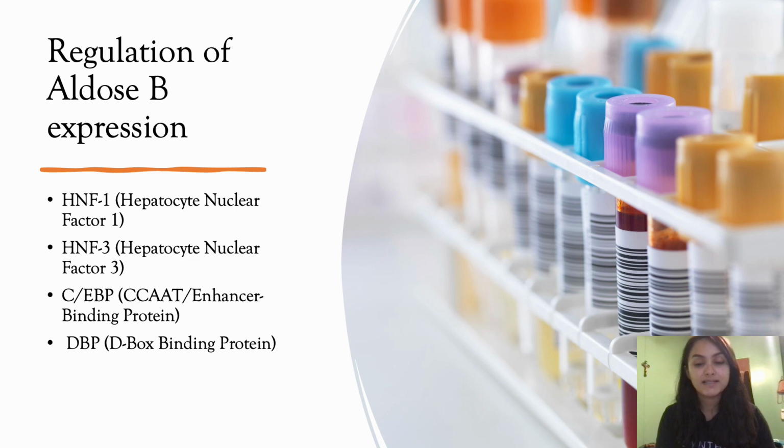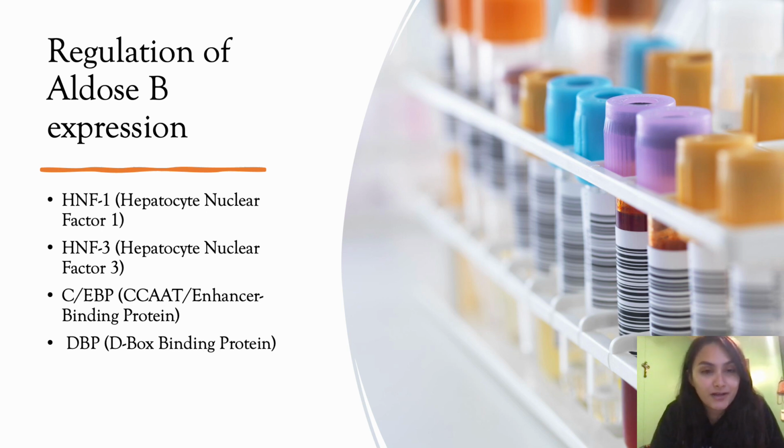C/EBP beta is a member of this family and has been found to regulate aldolase B expression. It binds specific DNA sequences in the promoter region of the ALDOB gene, and it stimulates its transcription. Activation of C/EBP beta enhances aldolase B expression, contributing to hepatic glucose metabolism and glycogen synthesis.